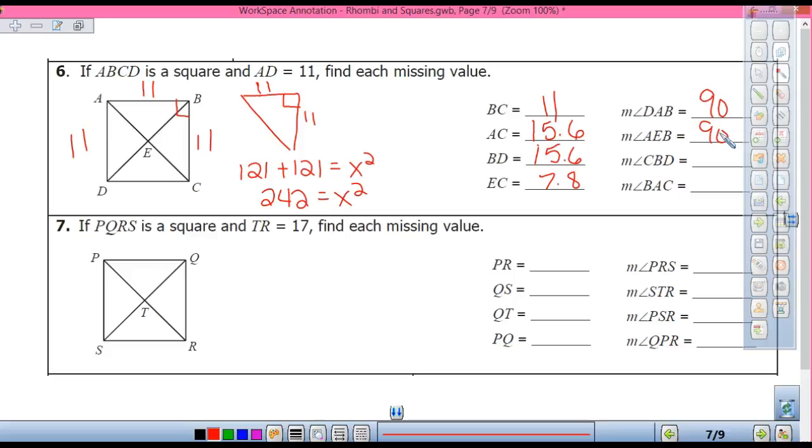The diagonals are perpendicular. CBD. 45. How did you get from 90 to 45? Diagonals bisect the angles. Yep. 45. So BAC has to be 45.